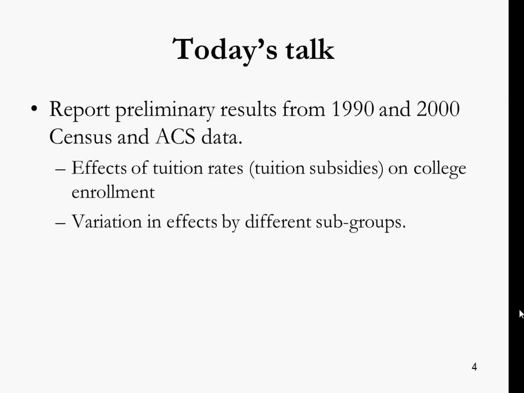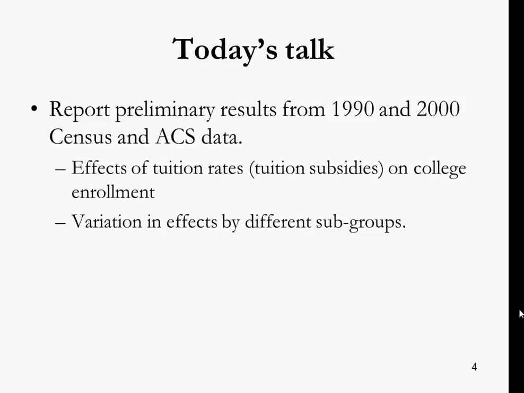Today, though, what I'm going to focus on is mainly the results that we've been getting from the 1990 and 2000 census data, and the ACS data from 2004 to 2010. Here we're focusing mainly on the effects of the tuition rate, or tuition subsidies, if you will, and I'll explain those differences a little later, on college enrollment.